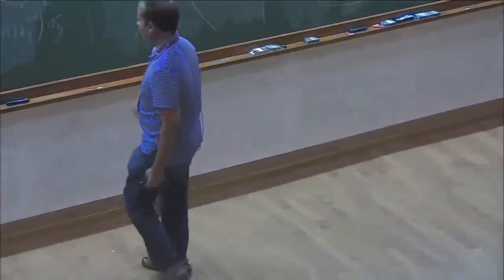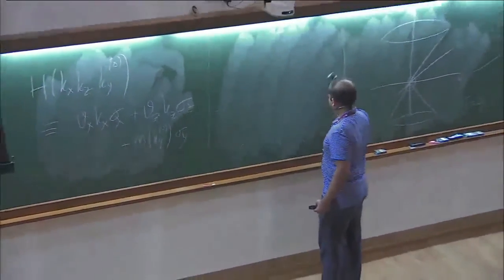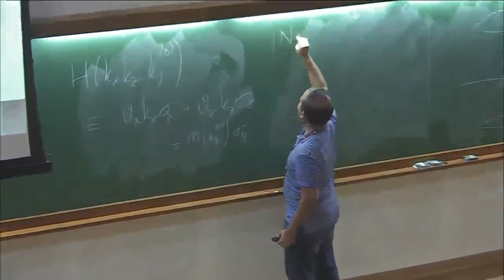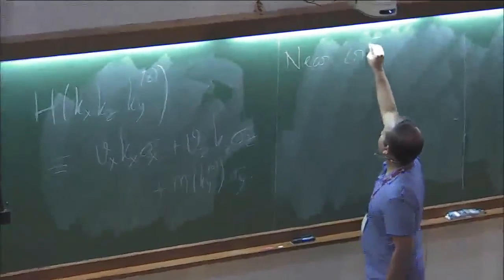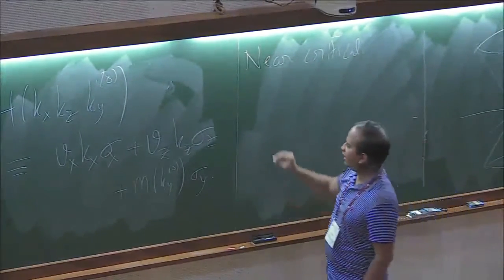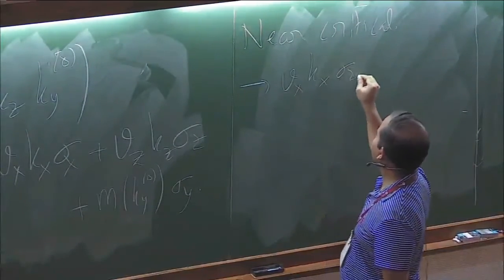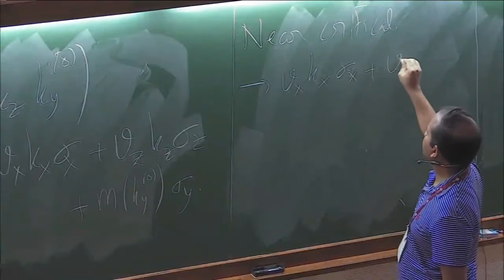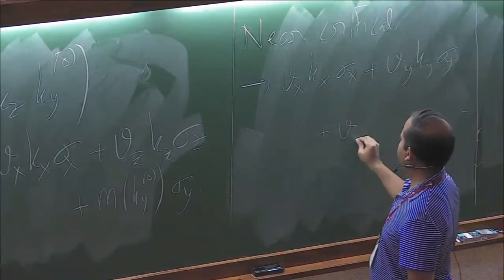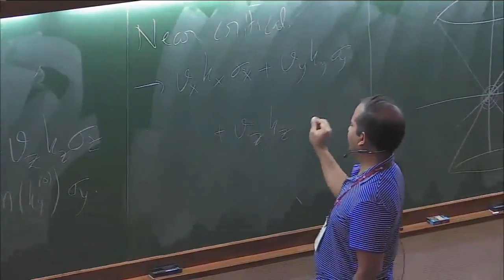So near the critical point, this one is linear in ky, and so this becomes Vx Kx sigma x, plus ky sigma y, plus Vz Kz sigma z.